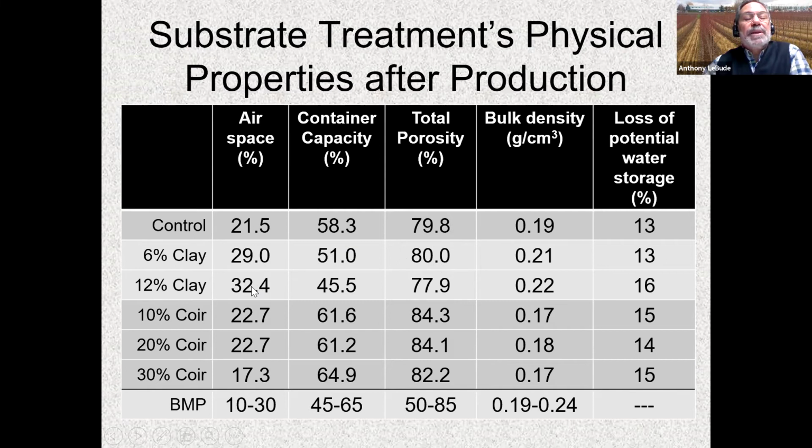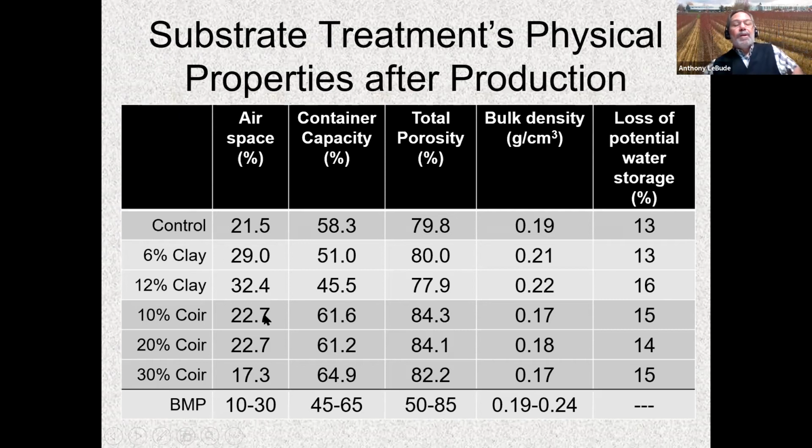So it increased airspace and lowered the water holding capacity. So it essentially made the substrates drier than the control, which is supposed to take up more moisture, but you never know these things until you actually try it. And definitely the 12% could have been watered more, and the 6% clay is sort of just like the control.